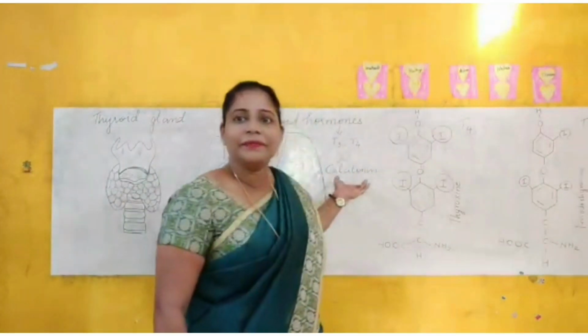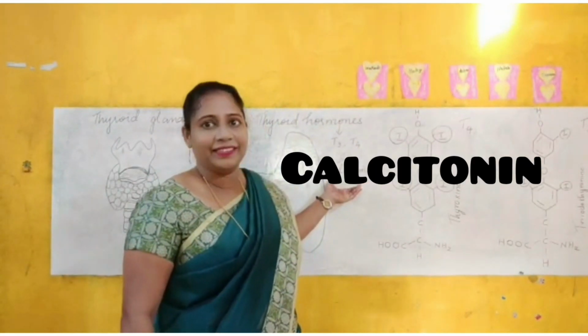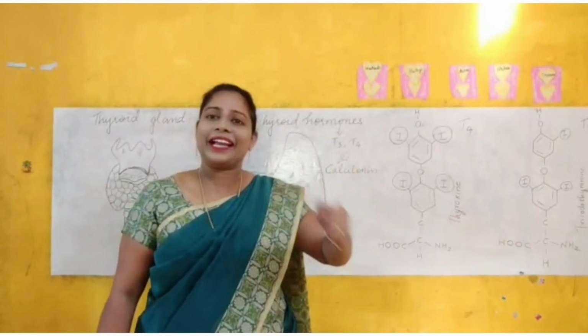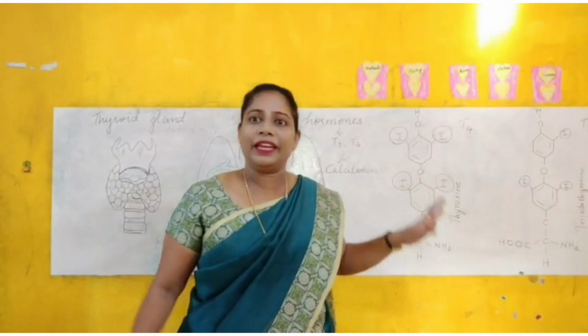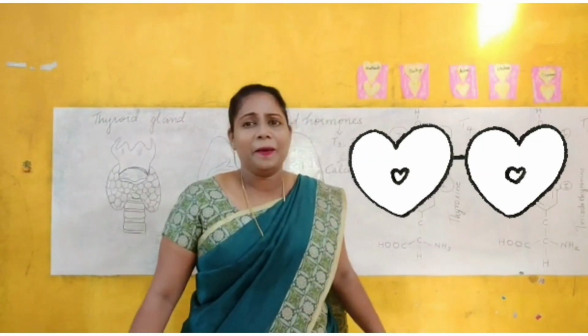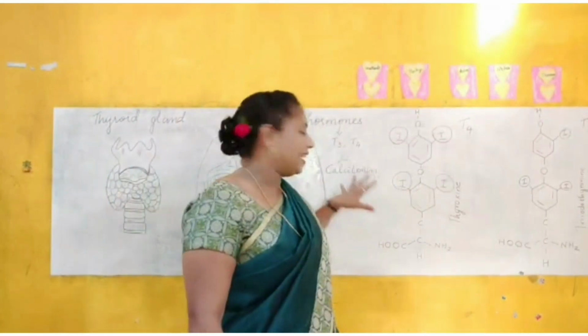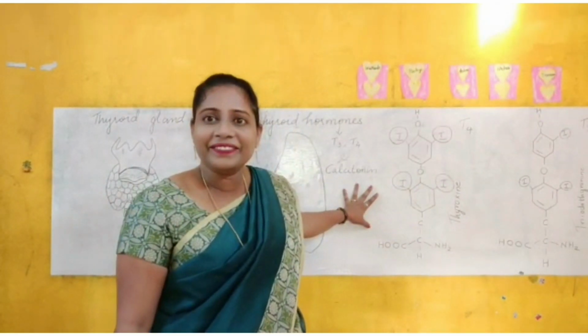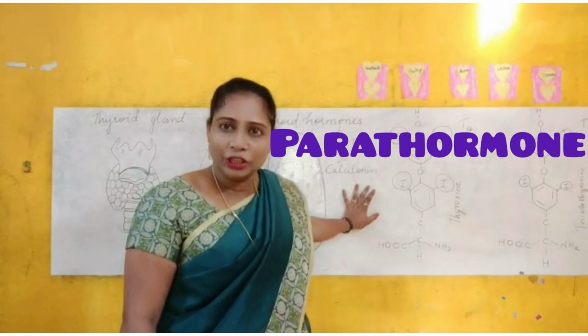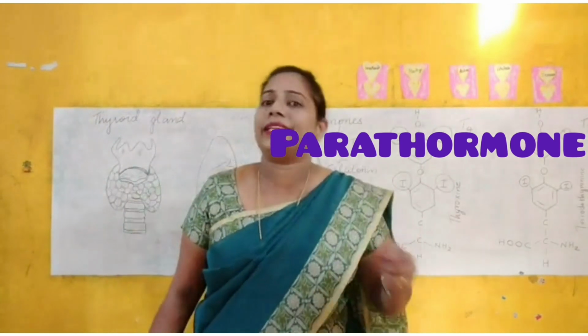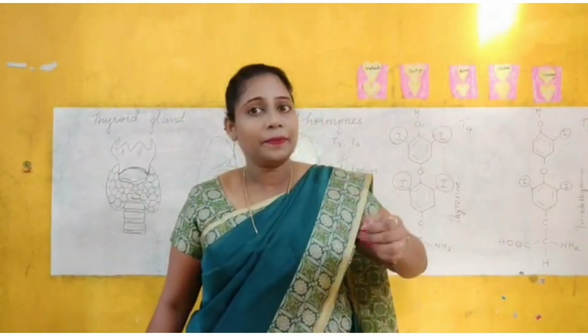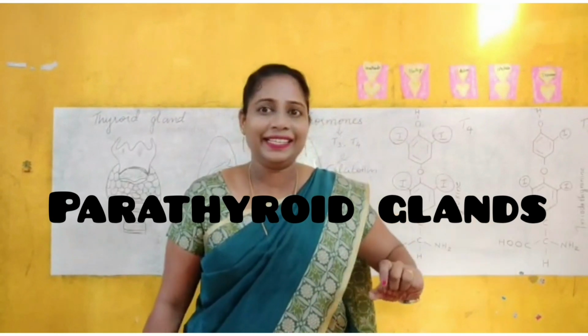Now coming to calcitonin. What is the function of calcitonin? See, it is not alone. It has a company, but they act antagonistic to each other. Who is calcitonin's company? Parathormone. So parathormone is another hormone produced from the parathyroid glands.